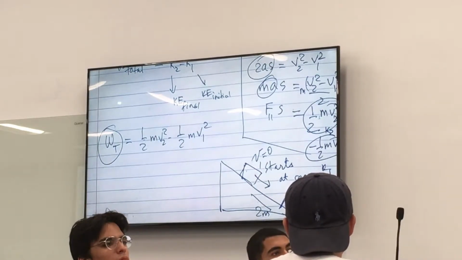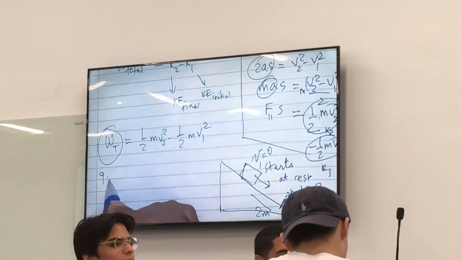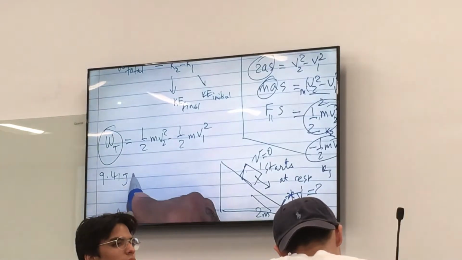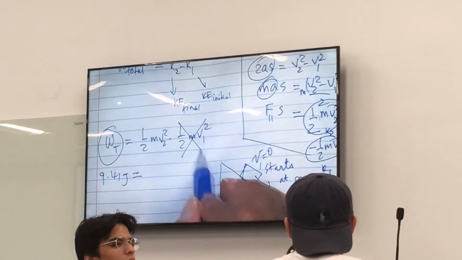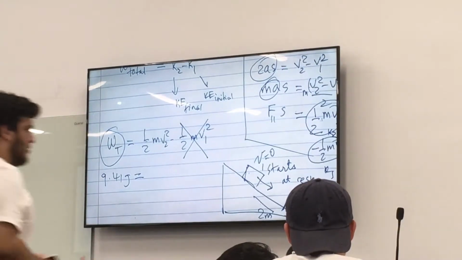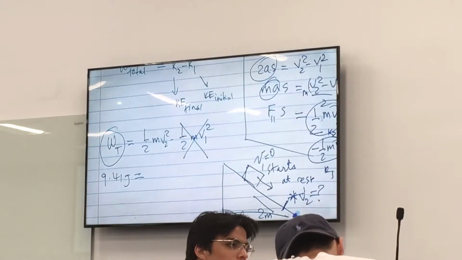There was no other force, by the way. So the total work was 9.41 joule, equal to, the initial velocity is 0, so we don't even need that. So I have just 1/2 mv2 squared, and look how simple it is to calculate the velocity. Okay?